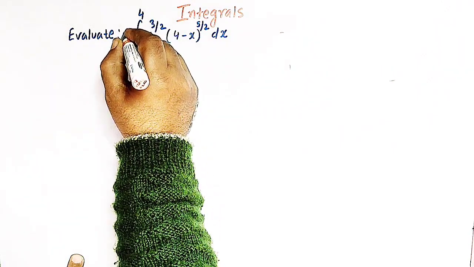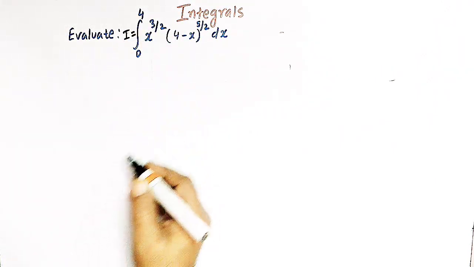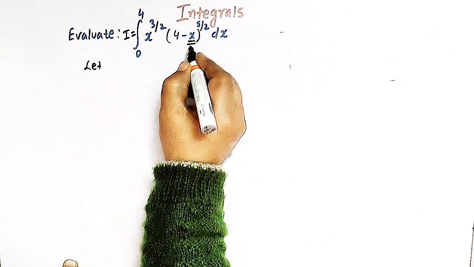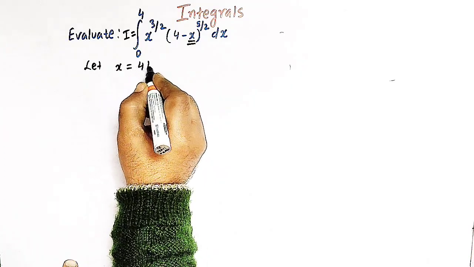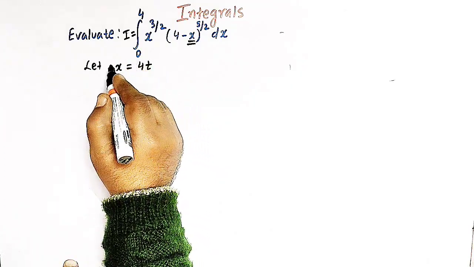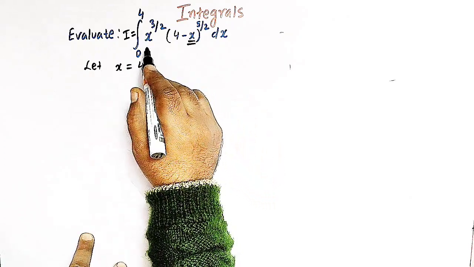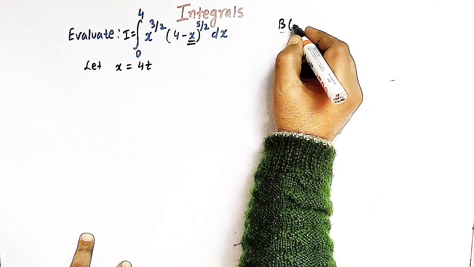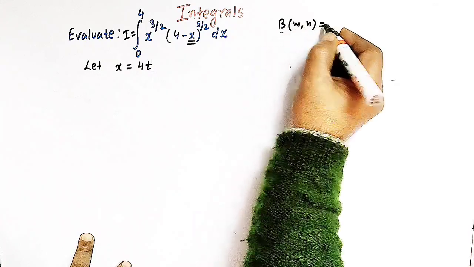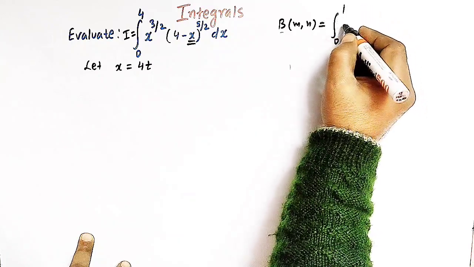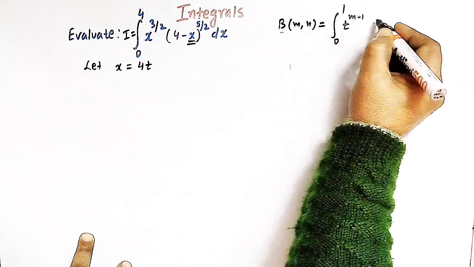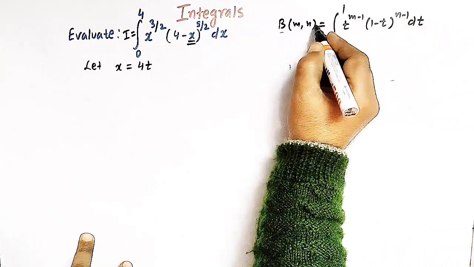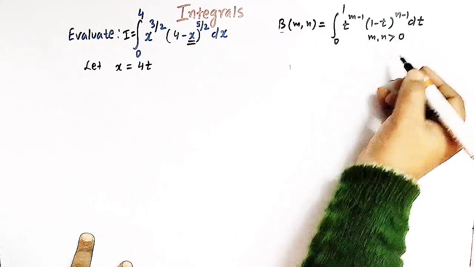So let us first call this integral as I, right? And here we'll make this substitution, that is x is equal to 4 times t, right? So here we are using this substitution because we wish to convert this integral into this form, that is the beta function, that is beta m comma n, and here we have 0 to 1 t raised to m minus 1 and 1 minus t raised to n minus 1 dt, where m and n are greater than 0.